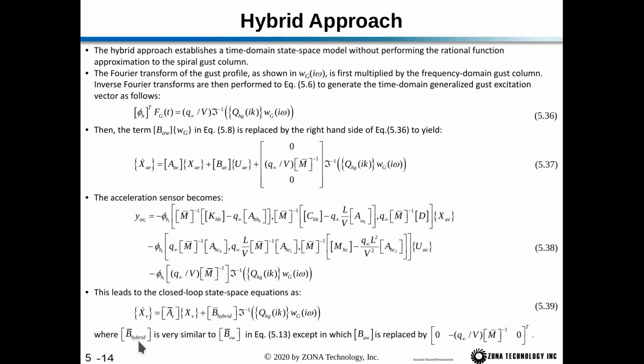And this B bar hybrid is very similar to B bar VW in equation 5.13, except the BAW is now replaced by this matrix. We have the ZAERO matrix, and then Q infinity over V times M bar inverse and 0.